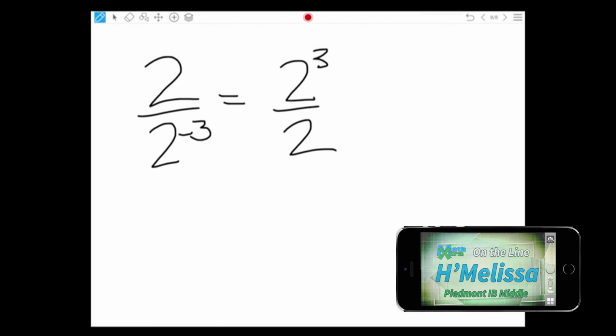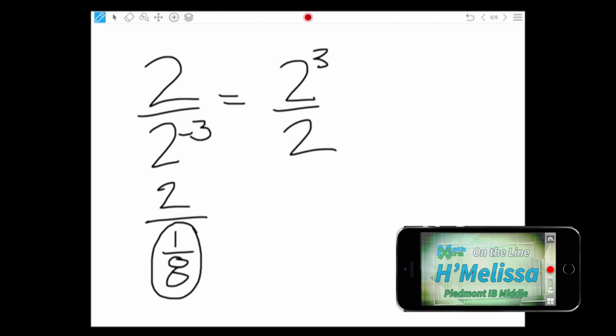So 2 to the negative third power, we just saw this, can be written as 2 over 1/8. And we just said that 8 eighths fit into one whole. So, Melissa, if I can fit 8 eighths into one whole, that means 8 of those can fit into 1. How many 8s can I fit into 2?